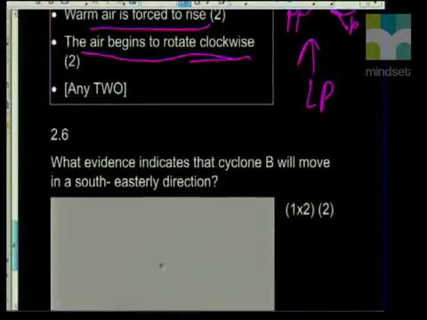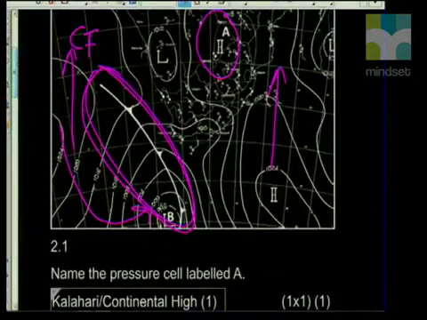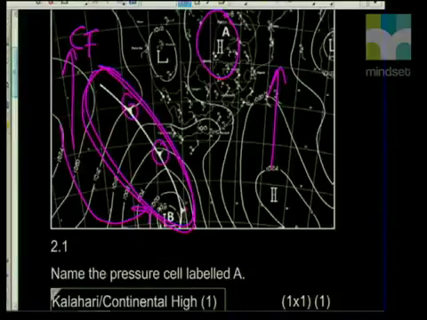What evidence indicates that cyclone B will move in a southeasterly direction? A very rare question, eh? All right, number 1. It doesn't come out often. One thing we could look at is the little, I call them thorns. Which way they're pointing?